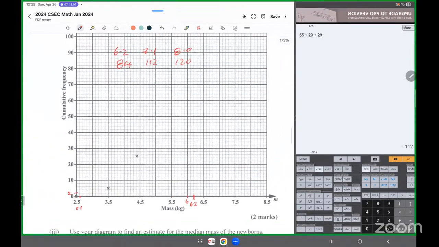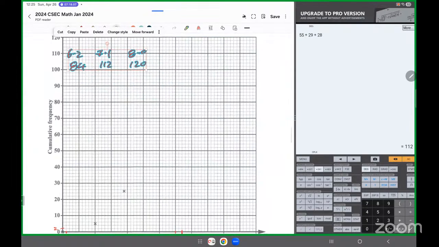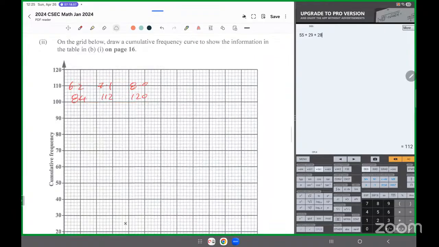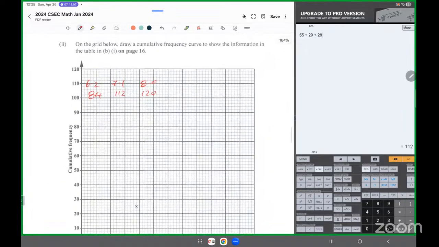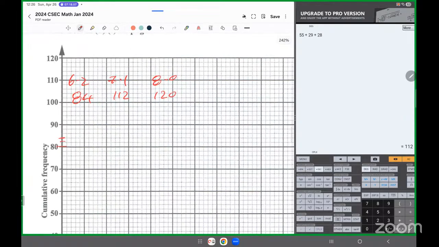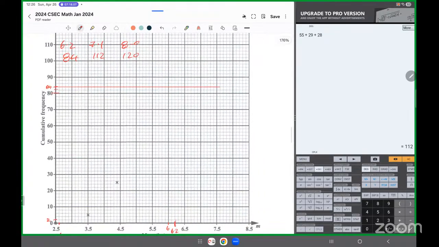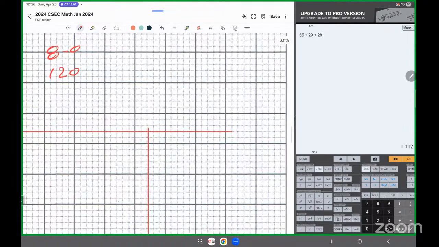So 80, 82, 84. So 84 is on this line. Coming across on this line for 84, and you are on this line for 6.2. So you're coming to right here for this point.